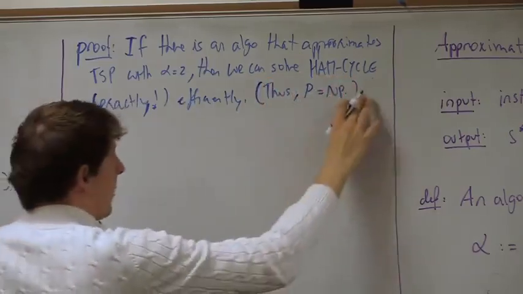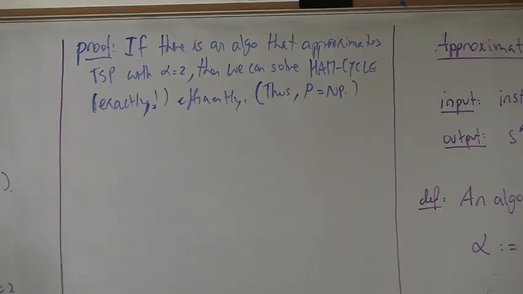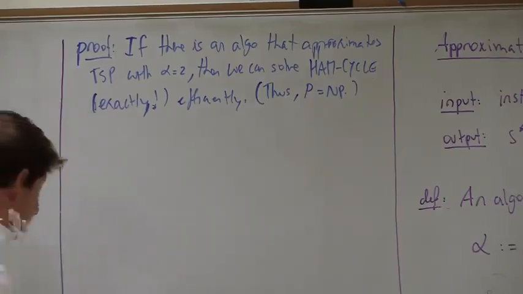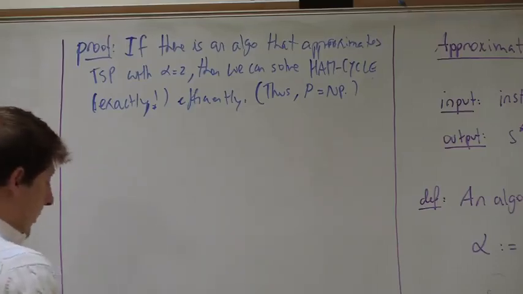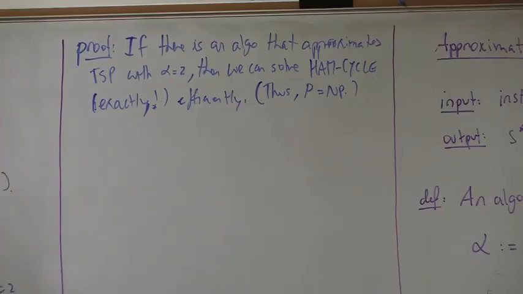So what's the idea? We're going to do a reduction, except that now, the core of the reduction, rather than being an exact algorithm, is an approximation algorithm. And the idea is that we're going to construct an instance of TSP such that if you have a good enough approximation algorithm, a good enough solution, then it will tell you something about a Ham cycle instance.